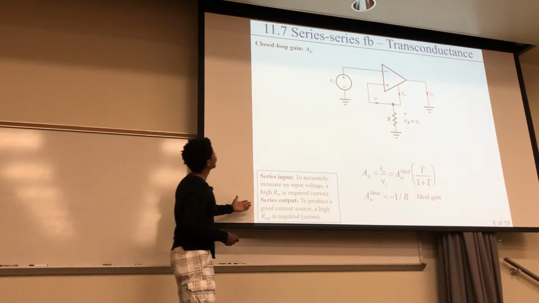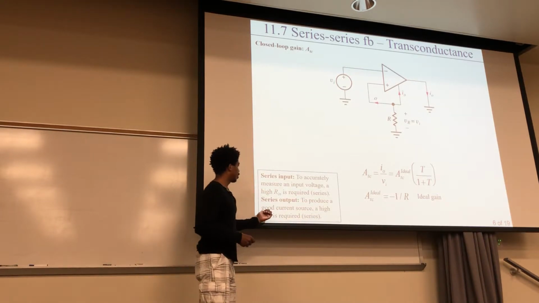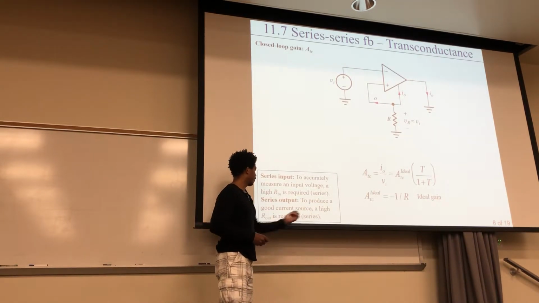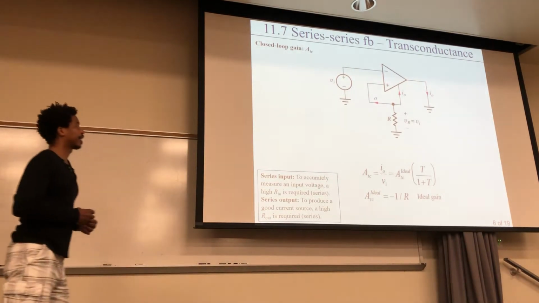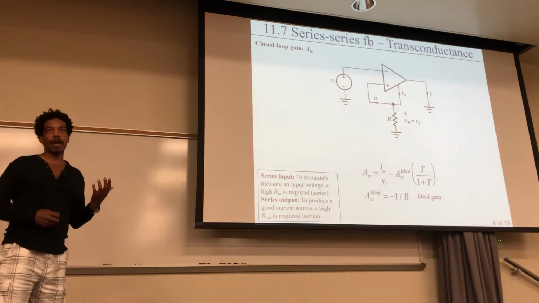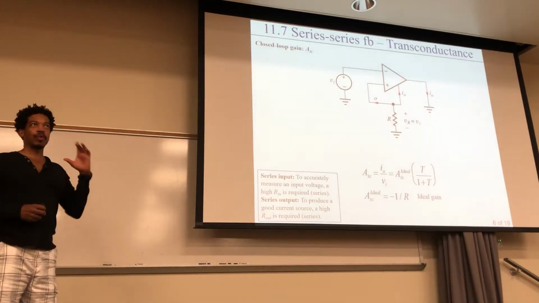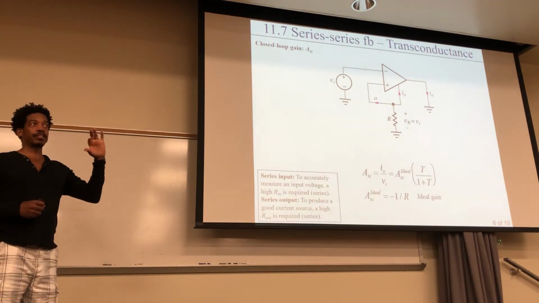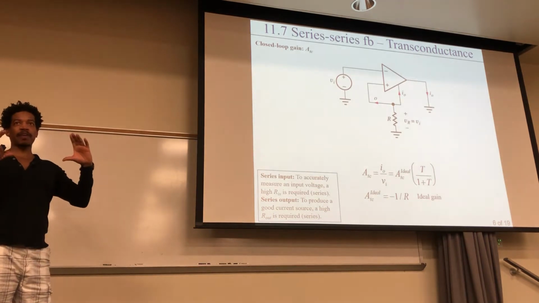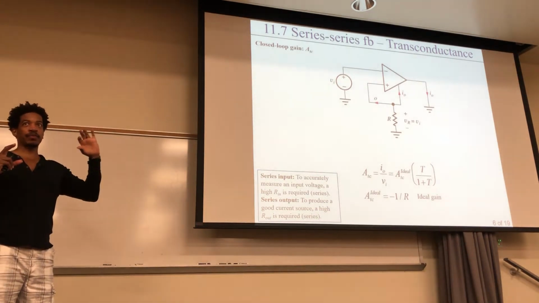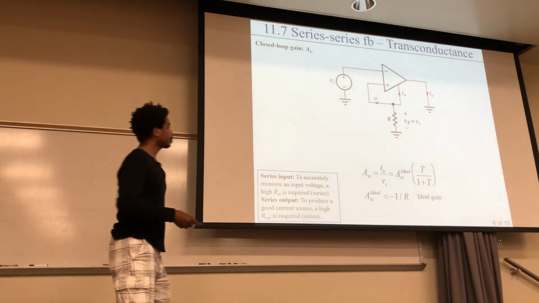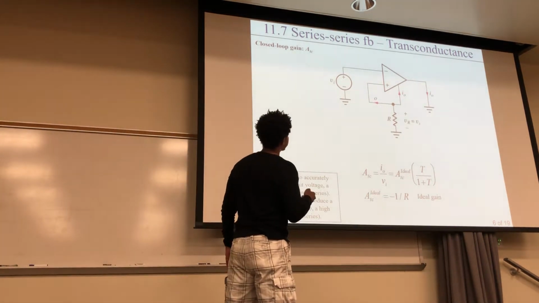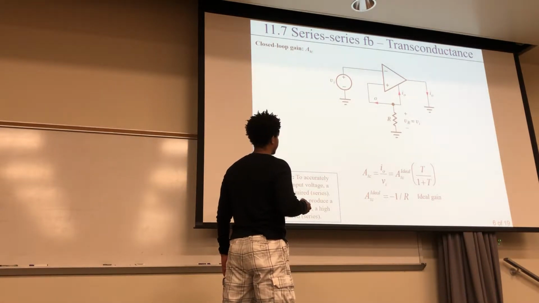And for the series output, to produce a good current source, you need a high R out for that. So depending on what your application is, you'll determine what type of amplifier, with a shunt or series in the front, or shunt or series in the back, depending on what you're trying to do.